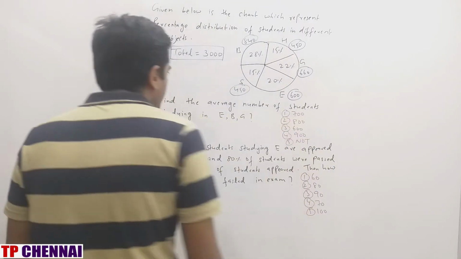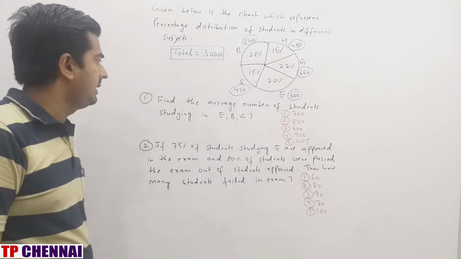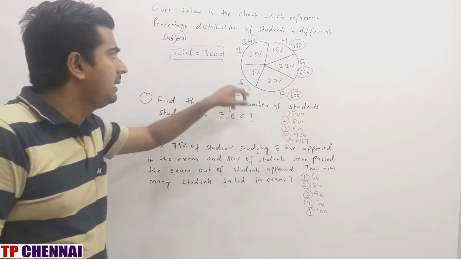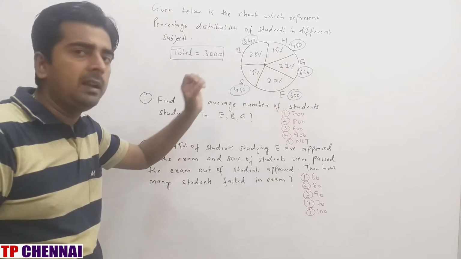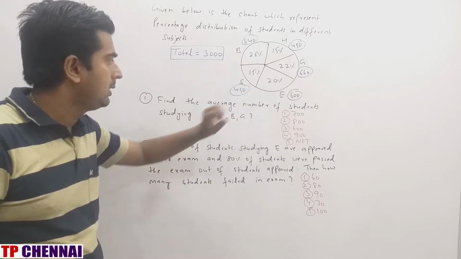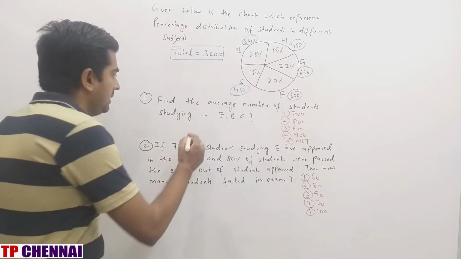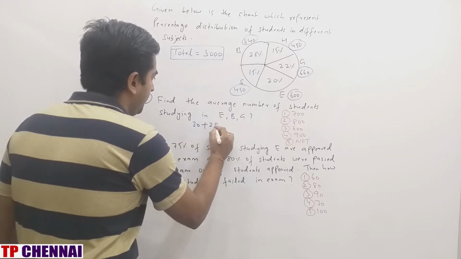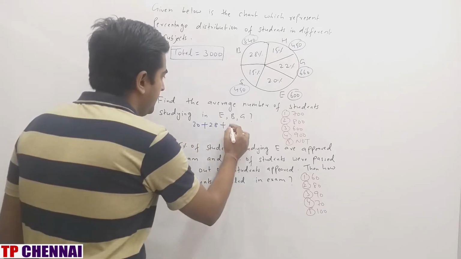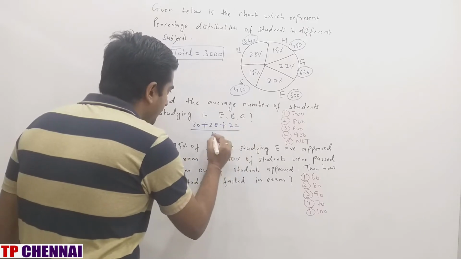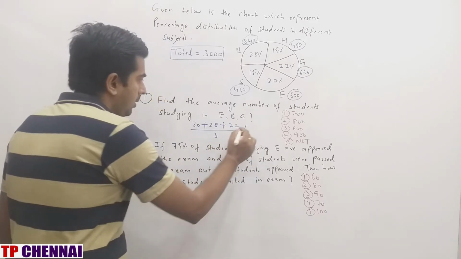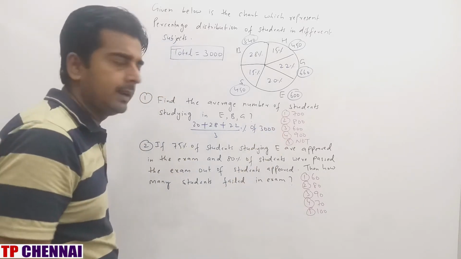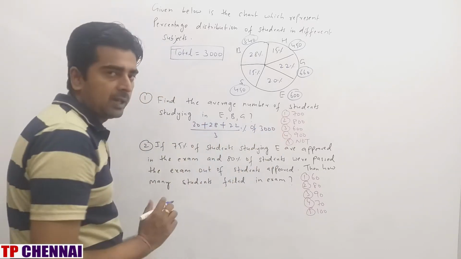So first question, find the average number of students studying in E, B, G. One way is to go with the values we have calculated, or percentage also we can solve. E is 20%, B is 28%, G is 22%, divided by 3, into 3000. 48 plus 22, 70%.